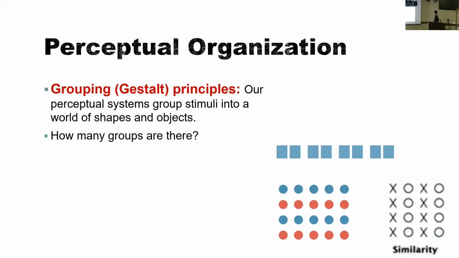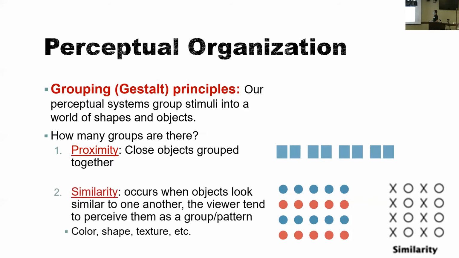All right. What about this? 2. It's kind of similar, 2 or 4, right? Yeah. Okay. So that's proximity here. We tend to group close objects together. We tend to say those are groups.